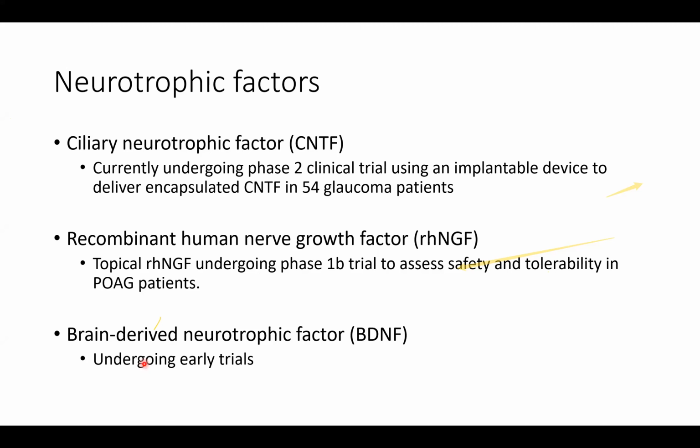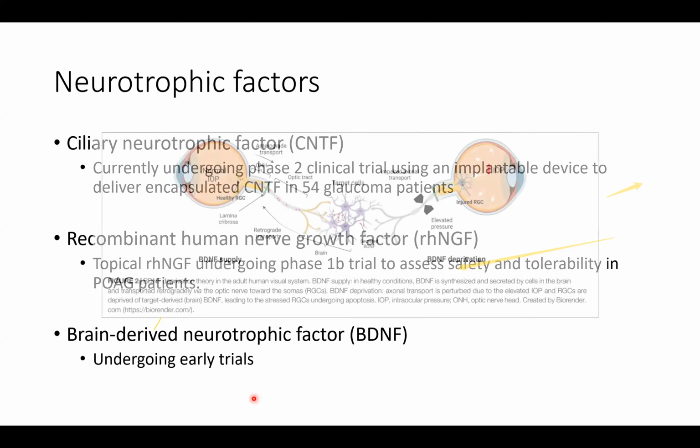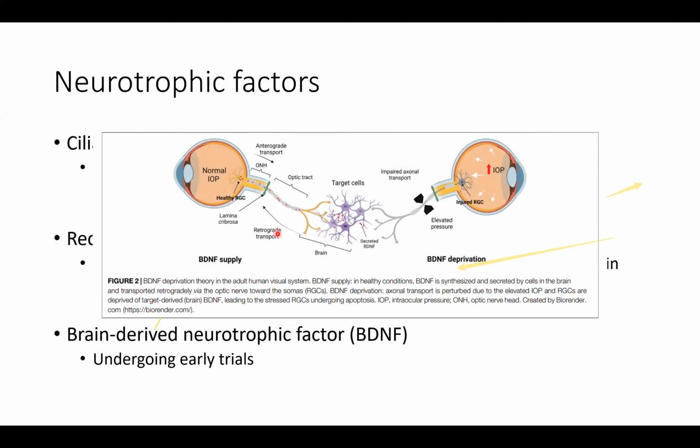If we talk about brain-derived neurotrophic factor, this is a neurotrophic factor that's produced in the retina in response to the injury of retinal ganglion cells, but it's also transported in a retrograde manner by production in the brain. And this retrograde transport from the brain to the eye is interrupted in glaucoma and thought to contribute to the degeneration of retinal ganglion cells.